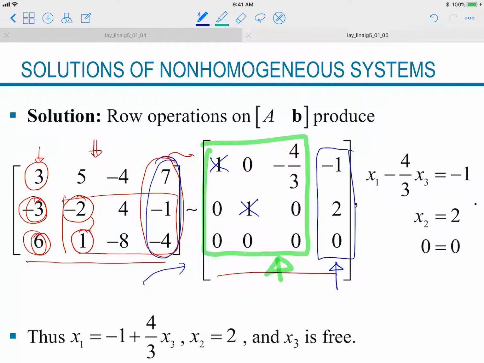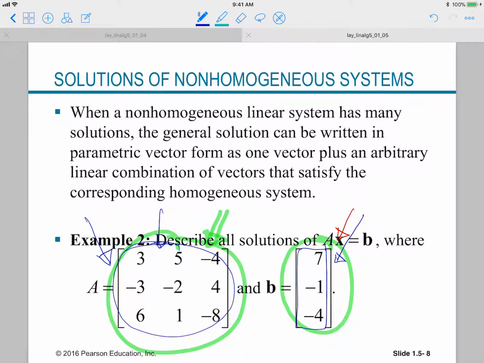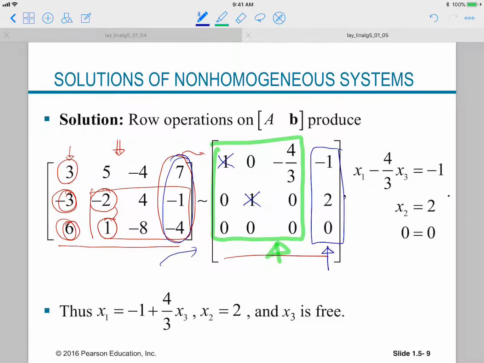As long as the coefficient part is the same, regardless of what particular b vector is, our reduced echelon form will at least have the exact same part here. Once you do some exercise on row reduction, or if you already have, you can easily understand that.